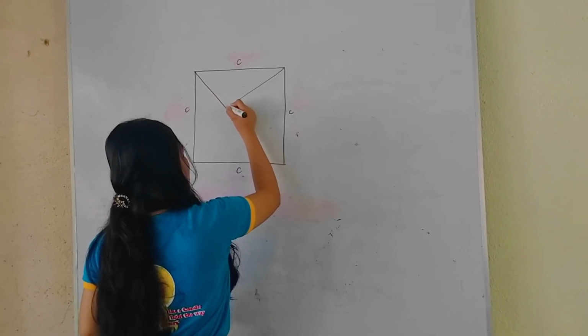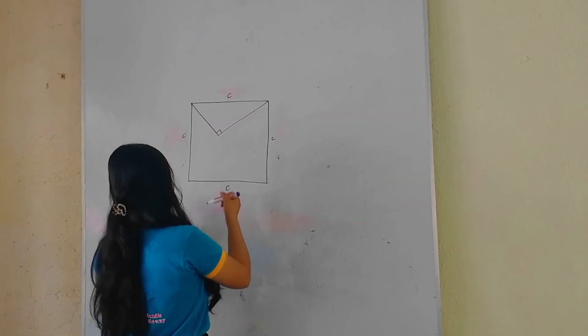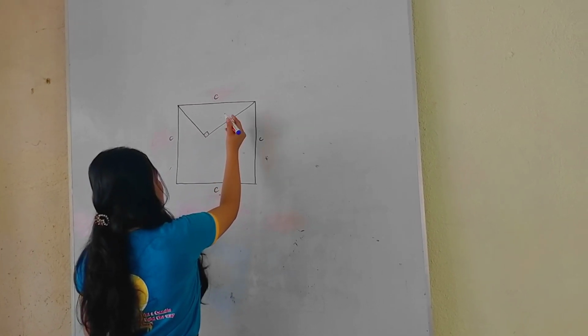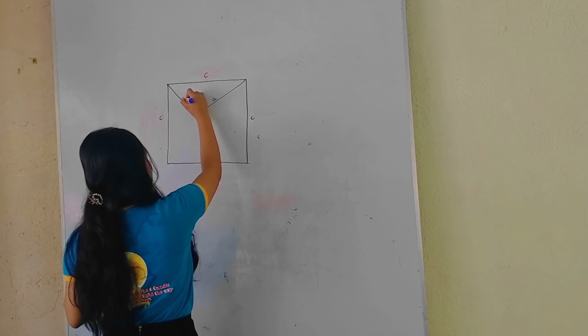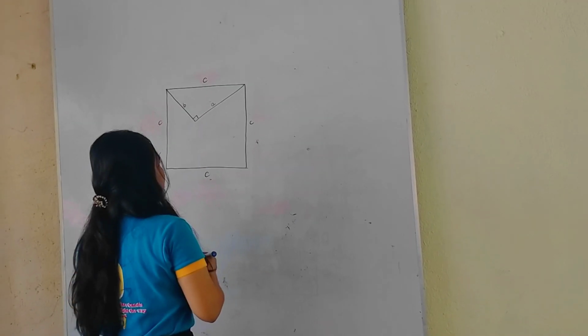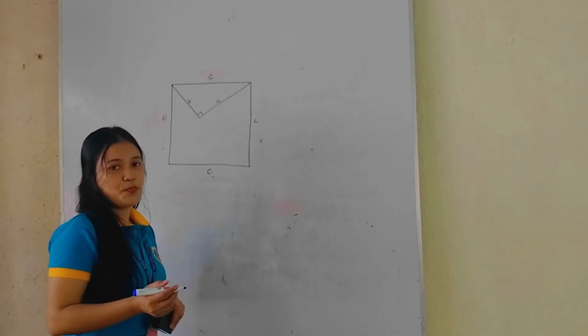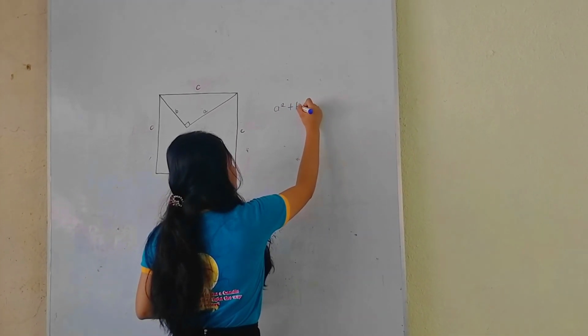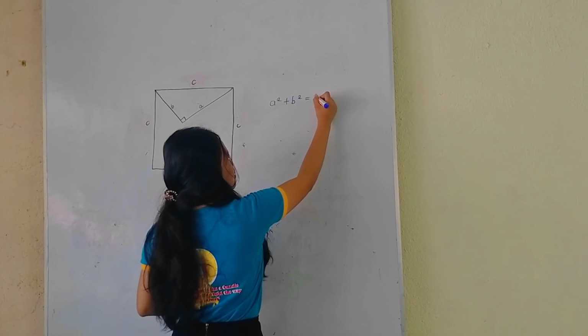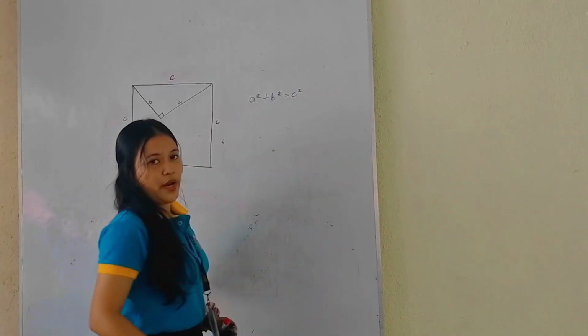So this is a right triangle. This base is equal to A, and this is equal to B units. So we need to prove that A squared plus B squared is equal to C squared.